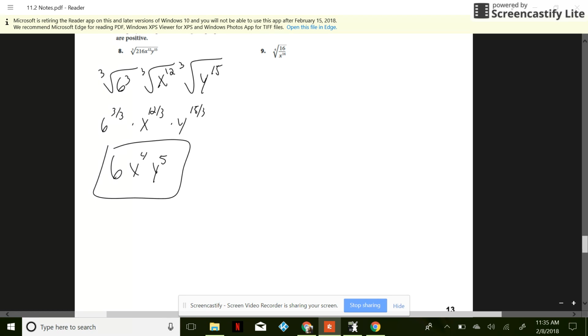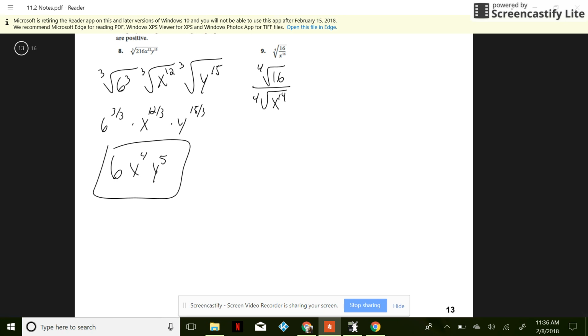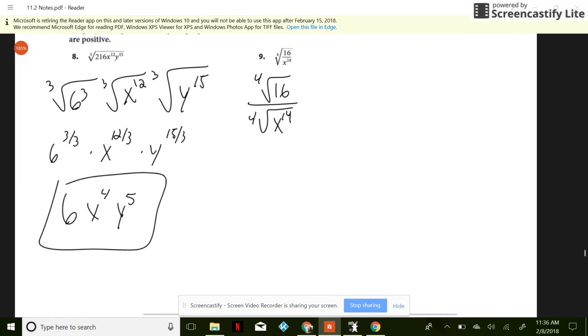So the next problem, again, we want to break up our fraction. So we've got the 4th root of 16 and then the 4th root of x to the 14th in the denominator. So the numerator is pretty easy. It'll simplify fairly straightforward.